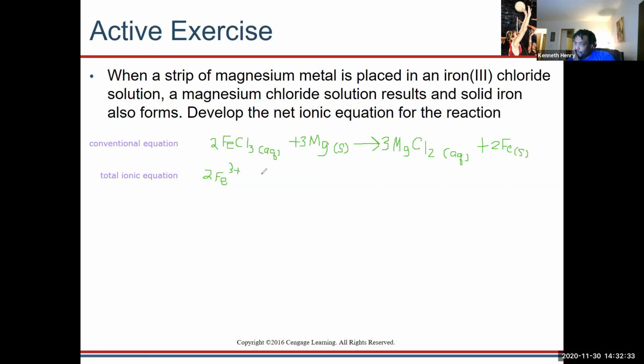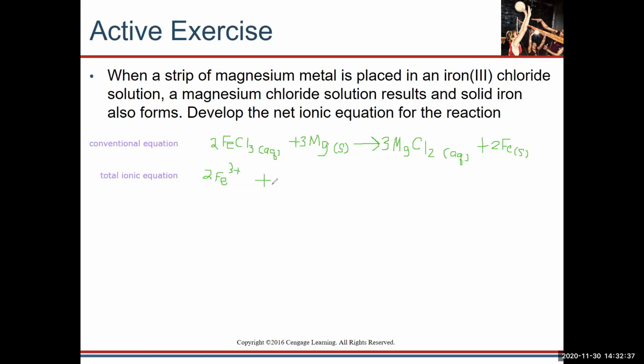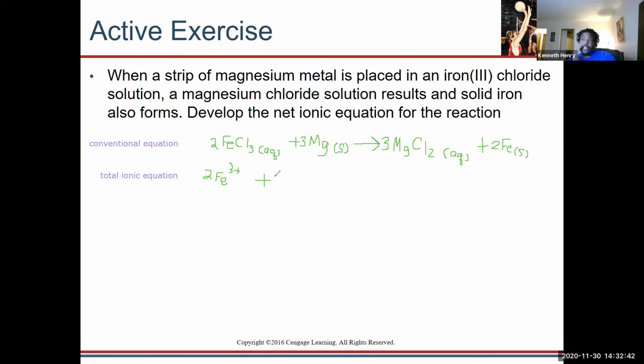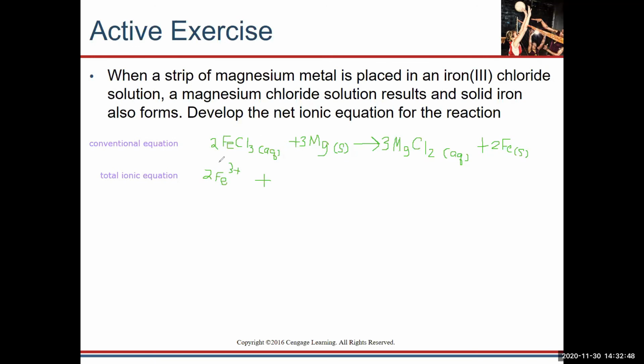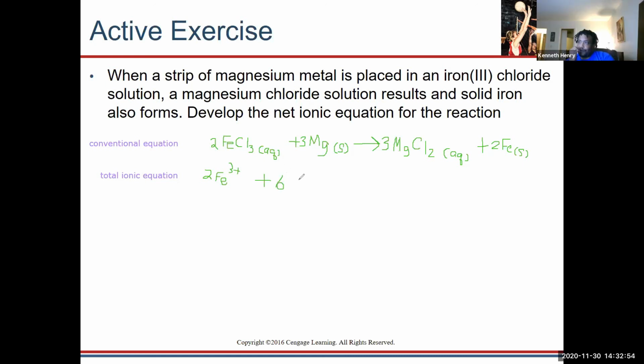Okay. And then plus 2 Cl. Are you sure 2 Cl? Well, I know it's a -3 charge. Oh, so then is it 6? Okay. 2, 6.